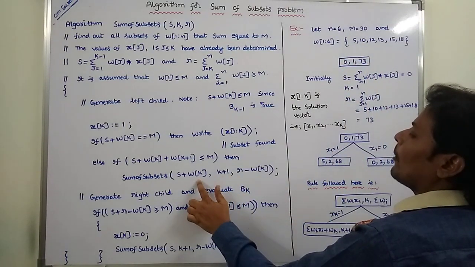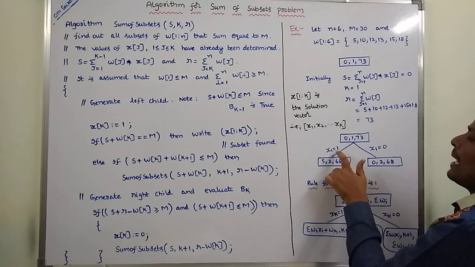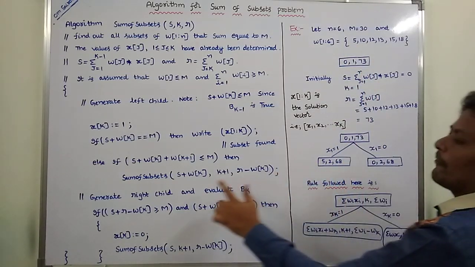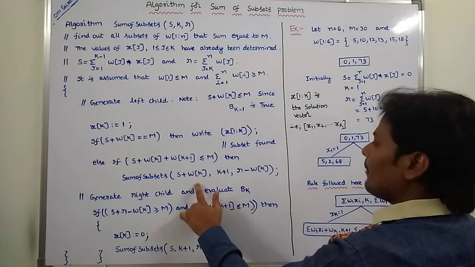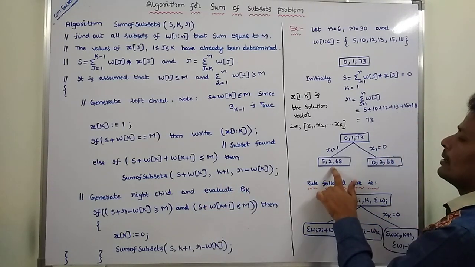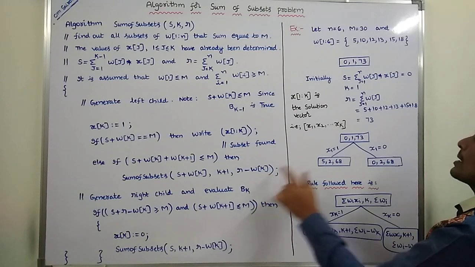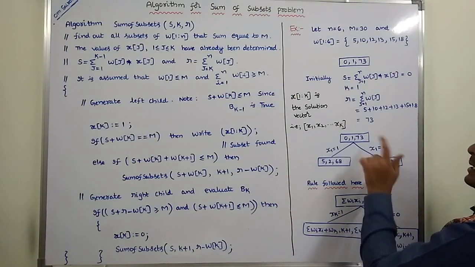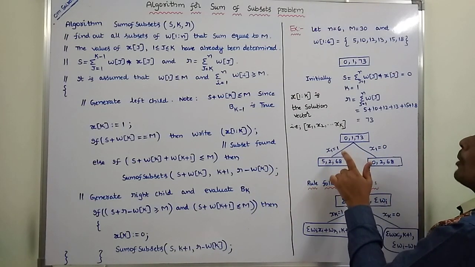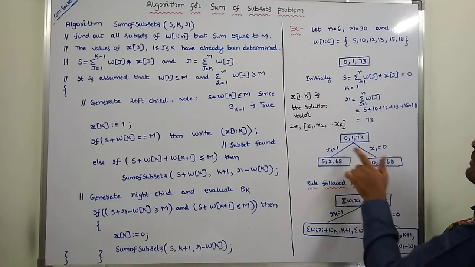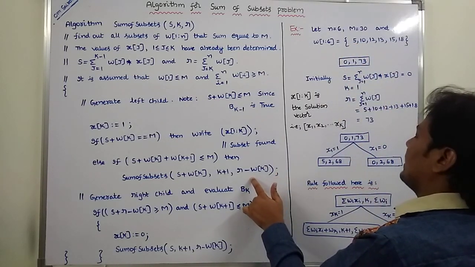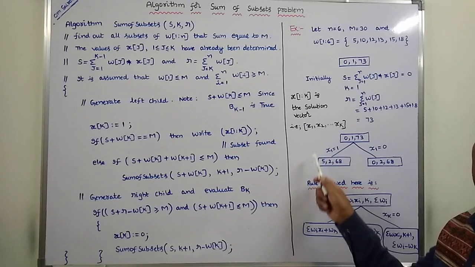S plus W of k is equal to 0 plus first object weight, that is 5. 0 plus 5, that is 5, comma k plus 1, that is 1 plus 1, that is 2, comma R minus W of k. R value 73. 73 minus first object weight, that is 5. 73 minus 5, that is 68. So this is the recursive call.